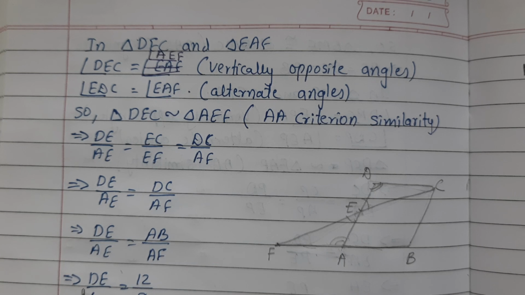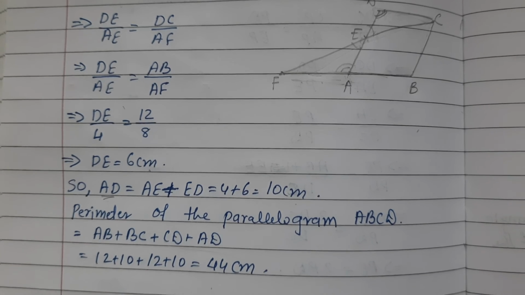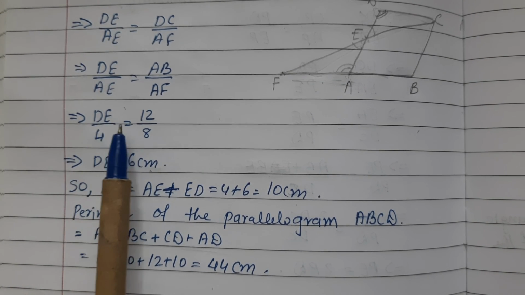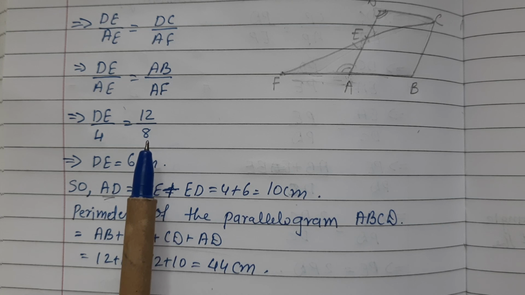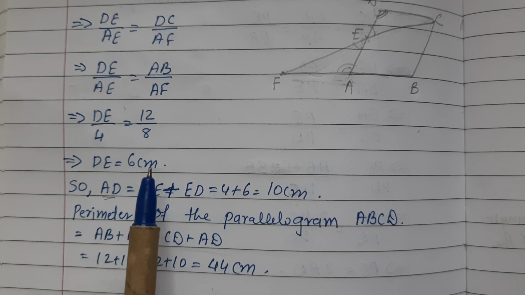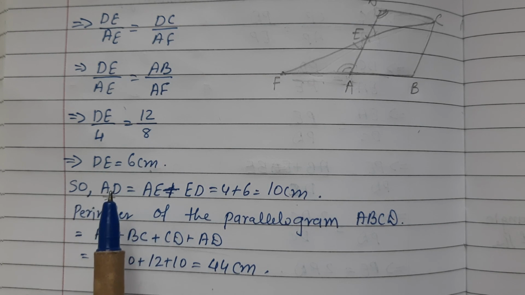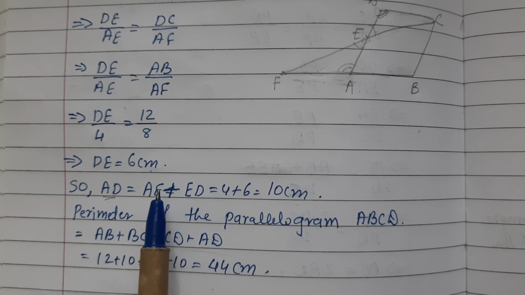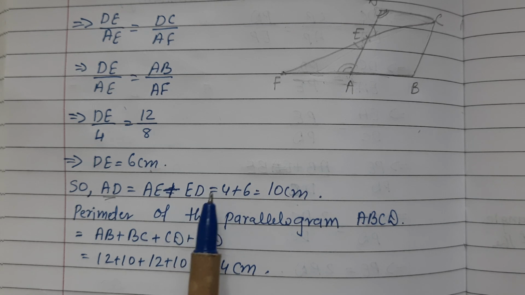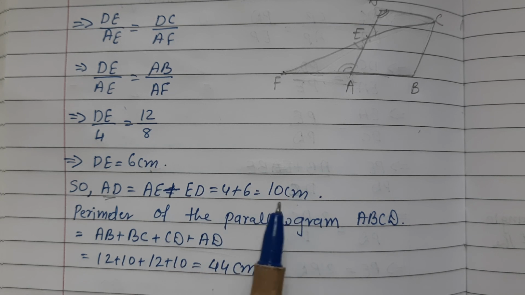Substitute the values. DE upon 4 is equal to 12 upon 8. DE is equal to 6 centimeter. So AD is equal to AE plus ED equal to 4 plus 6, 10 centimeter. Perimeter of parallelogram ABCD is equal to AB plus BC plus CD plus AD, 12 plus 10 plus 12 plus 10, equal to 44 centimeters.